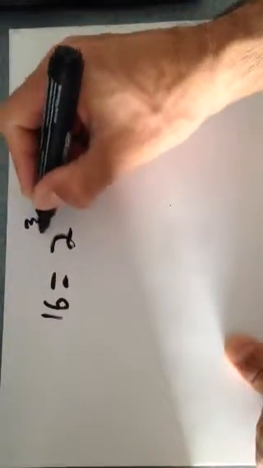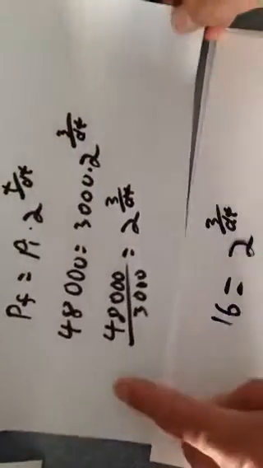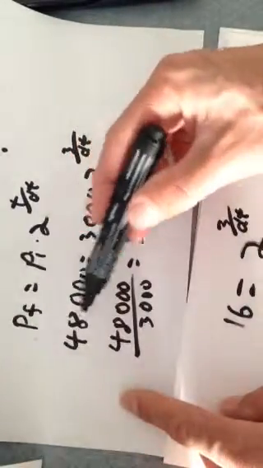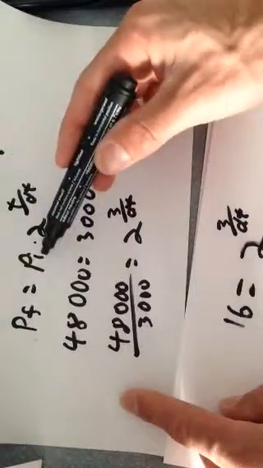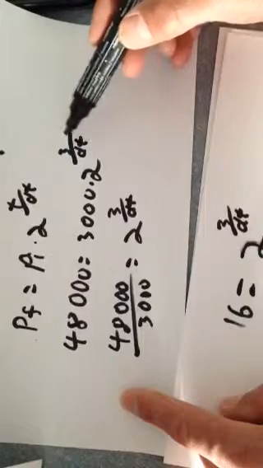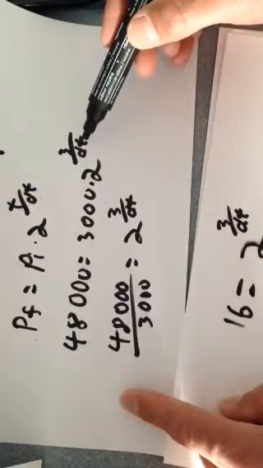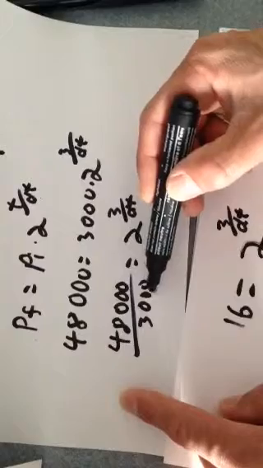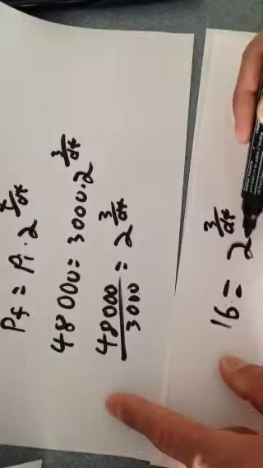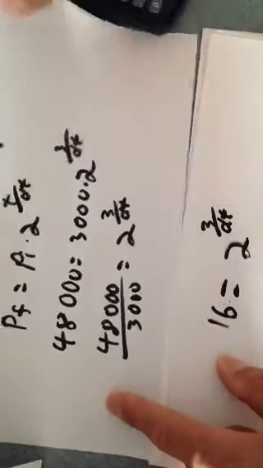So 16 is equal to 2 to the exponent 3 over dt. Okay, so that came from here. We started off with 48,000, the final population, was equal to 3,000, the initial population, times 2 to the exponent t over dt, time over doubling time. 48,000 over 3,000 is 16. So now we have 16 is equal to 2 to the exponent 3 over dt.